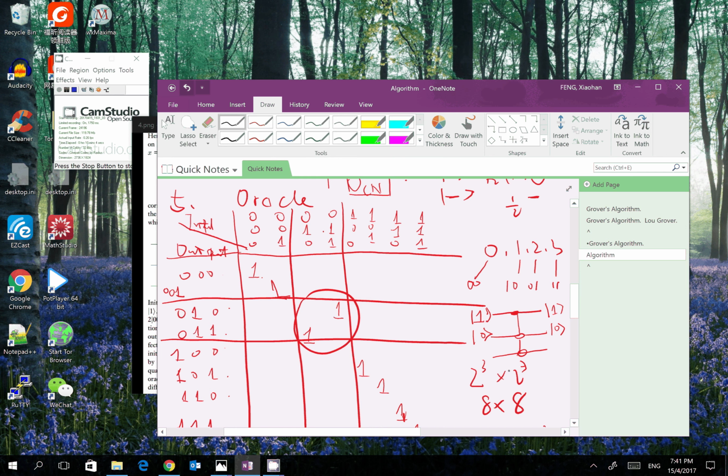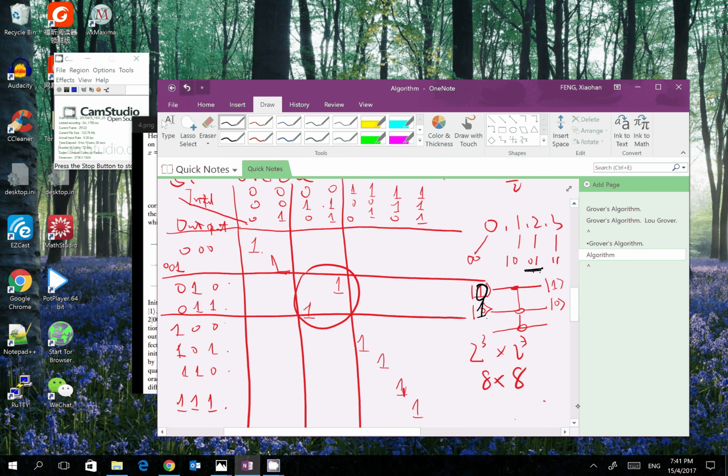Therefore, this is the Oracle for identifying the 0 1 state, the second atom. Since we take 3 qubits as input, we need a 2 to the 3 by 2 to the 3 matrix to represent this oracle.